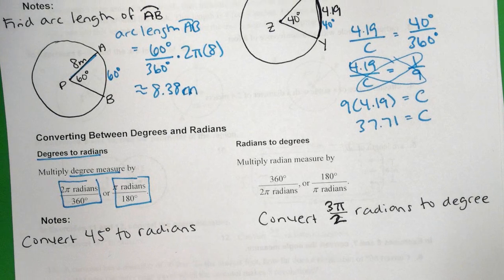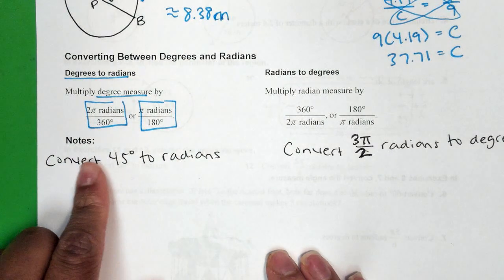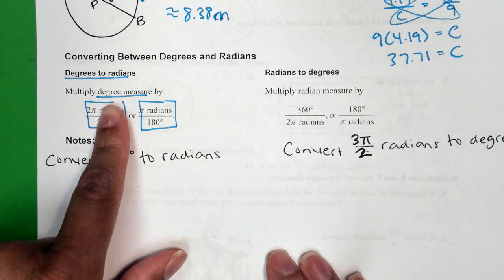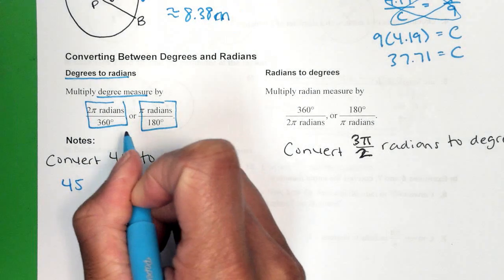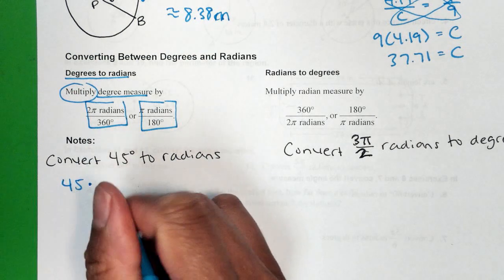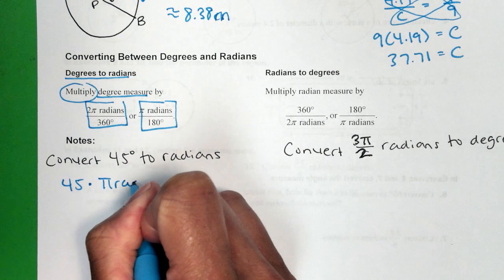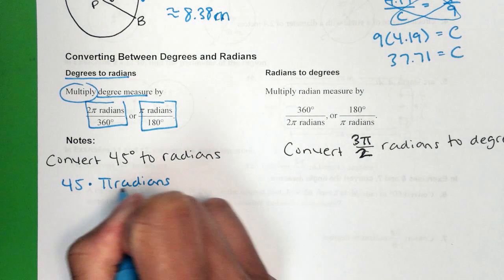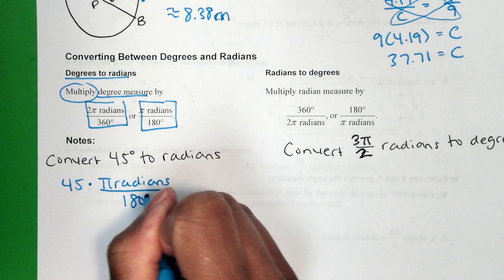And so our first example, we're doing degrees to radians. We want to convert 45 degrees to radians. So we're taking our degree measure, which is 45, and we're going to multiply it by, let's try the pi radians, and yes, you need to keep the radians with it, all over 180 degrees.